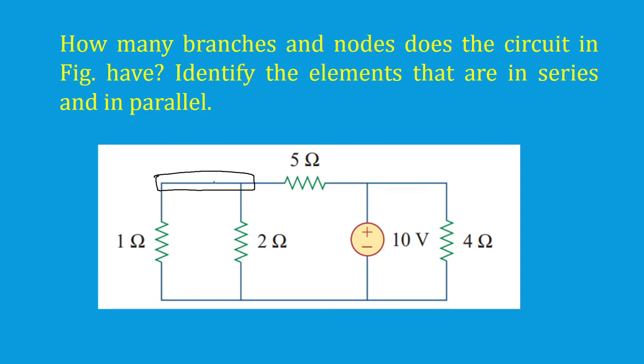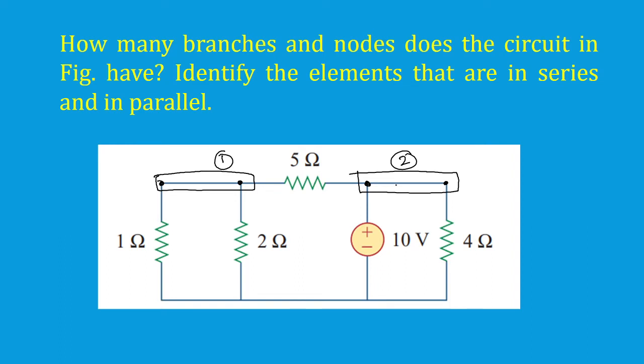So I can say this is the same node connected between the 1 ohm, 2 ohm and 5 ohm. This is node 1. And here you can see the 5 ohm resistor, the 10 volts source and the 4 ohms resistor are also connected to the same node. This can be node 2.